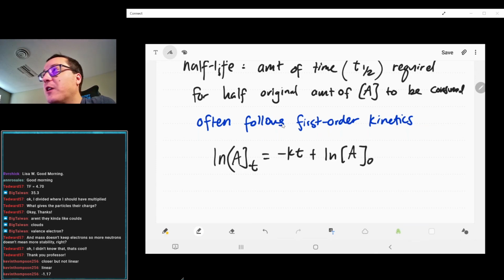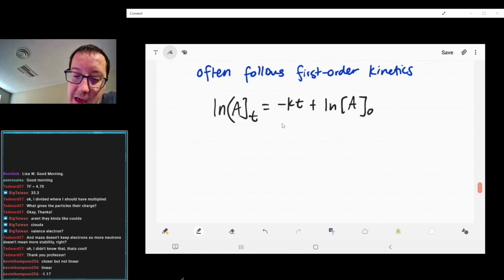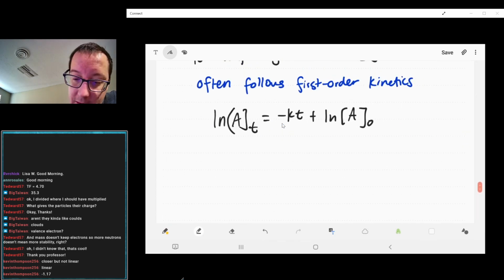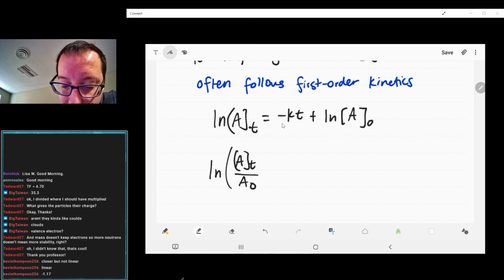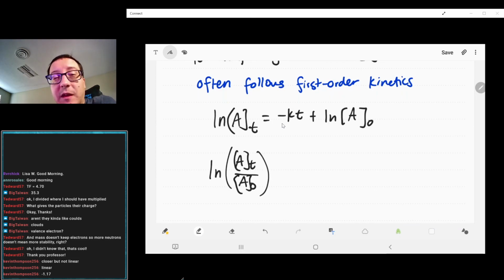If we want to look at what the half-life would be, we're going to put these together. Remember that if we subtract our logarithms, it's the same thing as dividing them. It's negative kt.